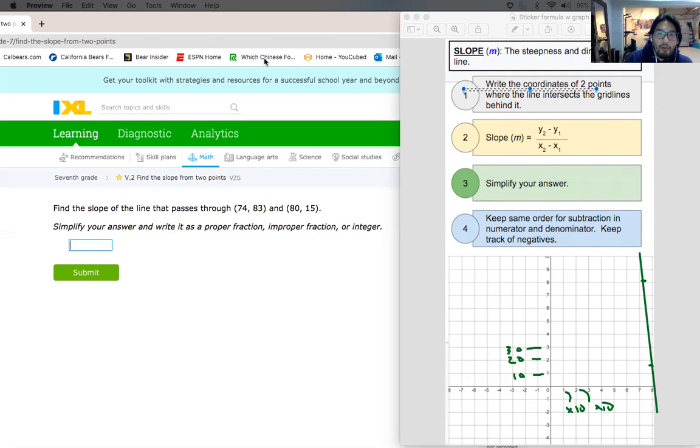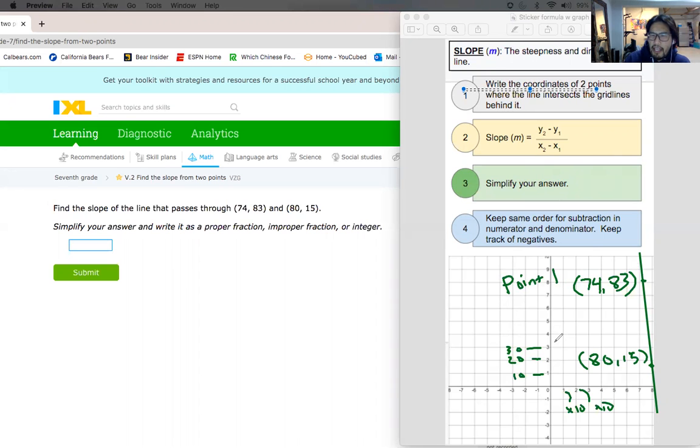I'm going to put our coordinates back up there. So we've got 74, 83. That's 1 point. And then down here, we've got 80, 15. Okay, so I'm going to make 74, 83 point 1.